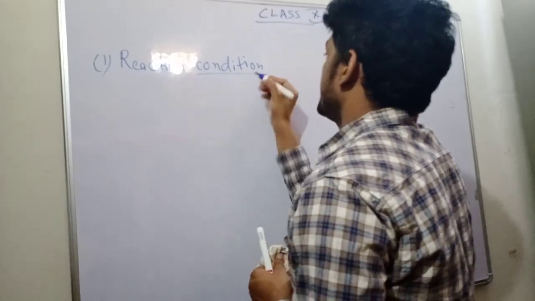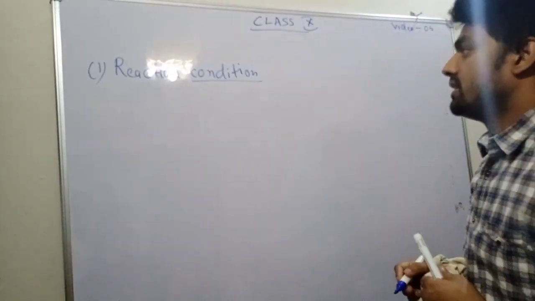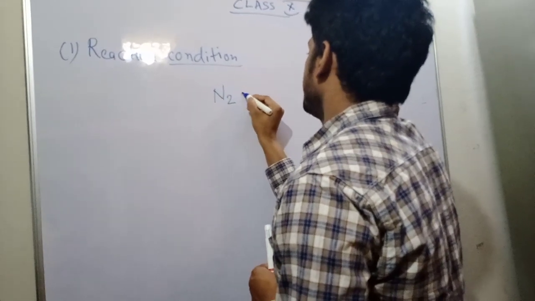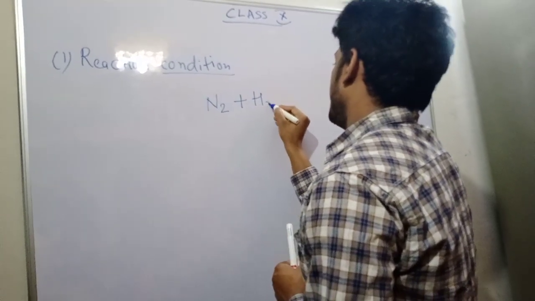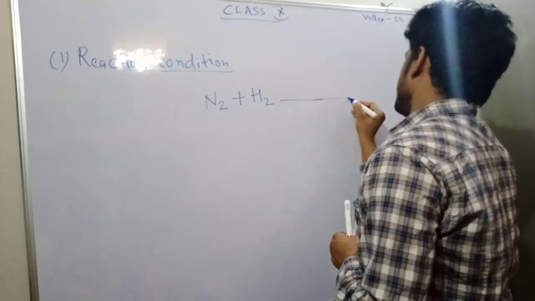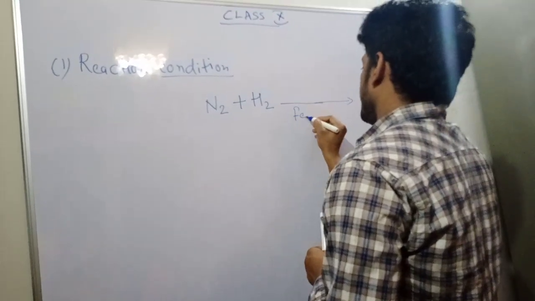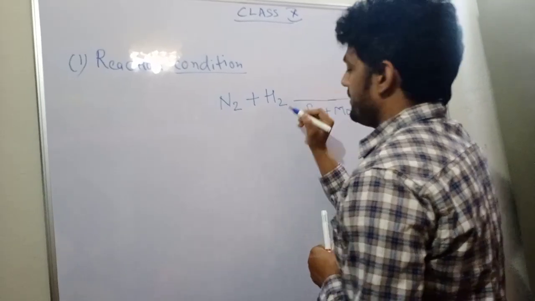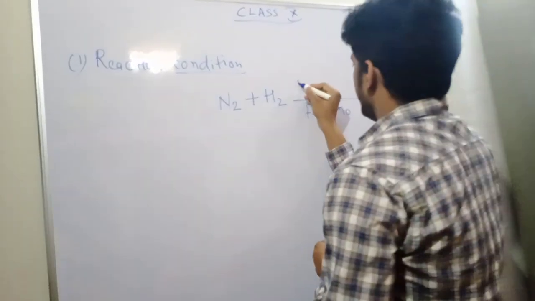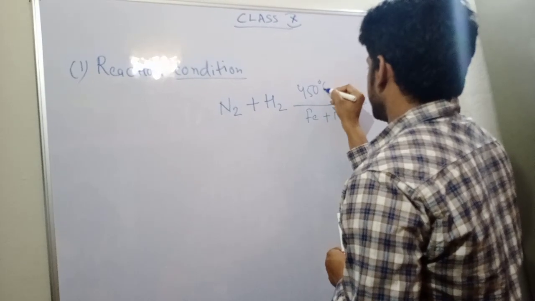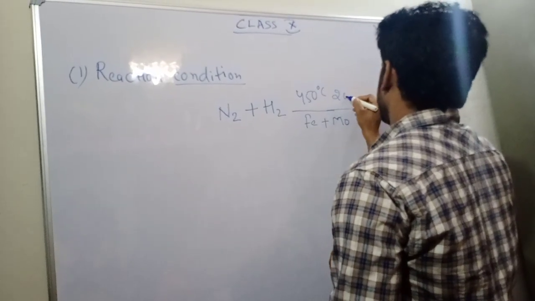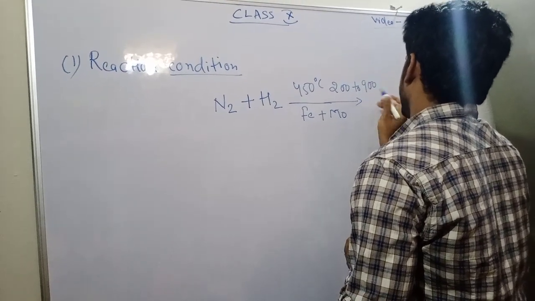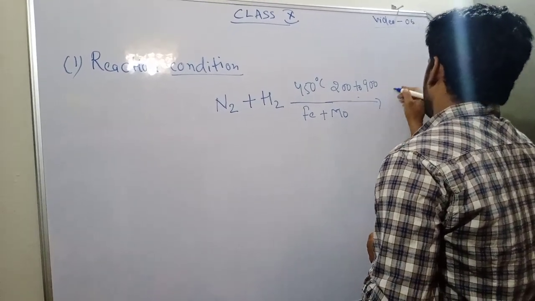What are the conditions required for the chemical reaction? Suppose we take the example of nitrogen reacting with hydrogen in the presence of Fe and Mo, at a temperature of around 450 degrees Celsius, and atmospheric pressure of about 200 to 900 atm, it will form ammonia.